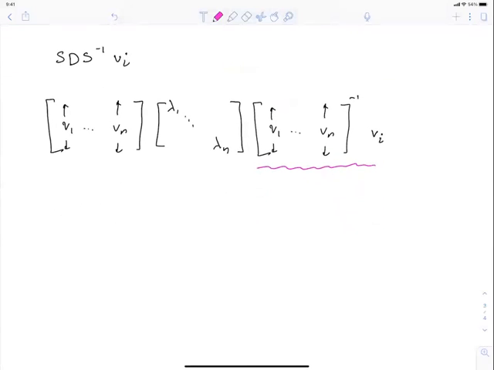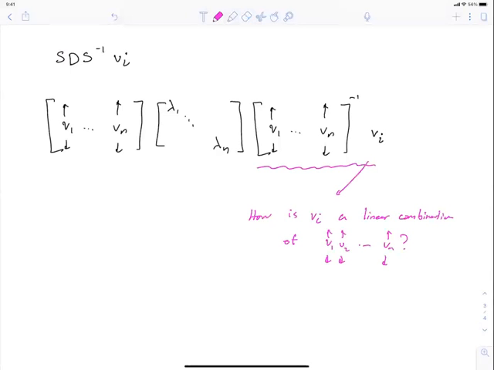All right, so this is where we're going to use what the inverse really means. Normally, the inverse, we think of it as what undoes a matrix, but it also does something else. The inverse matrix answers the question, how is v_i a linear combination of the columns of the matrix? Right, so it answers this question.